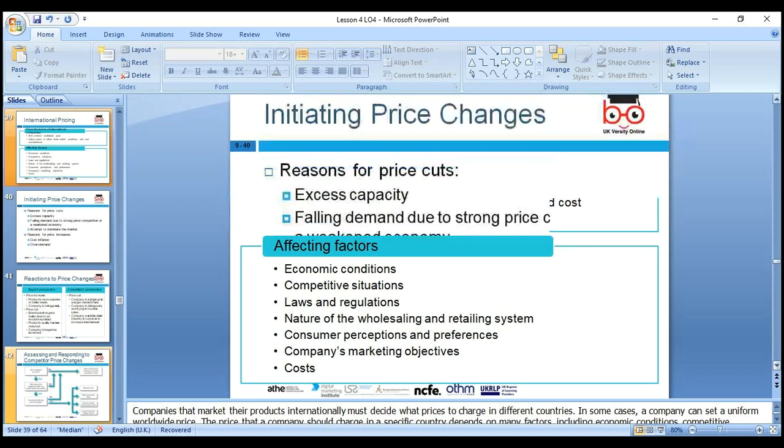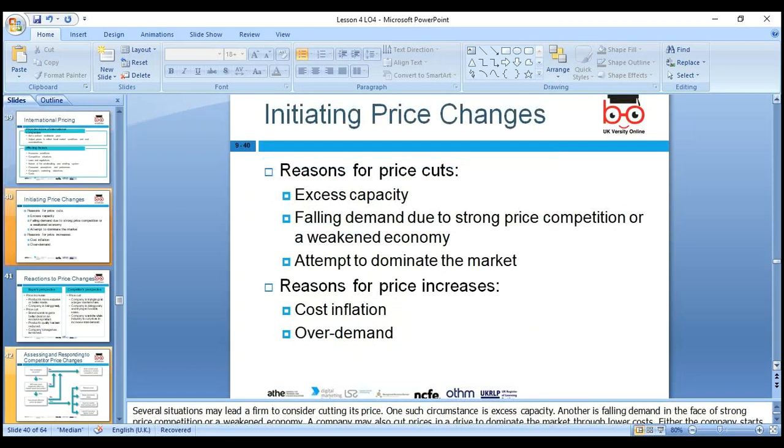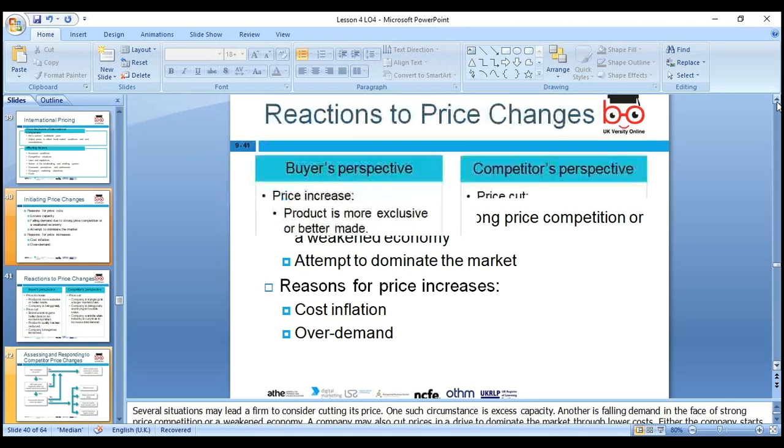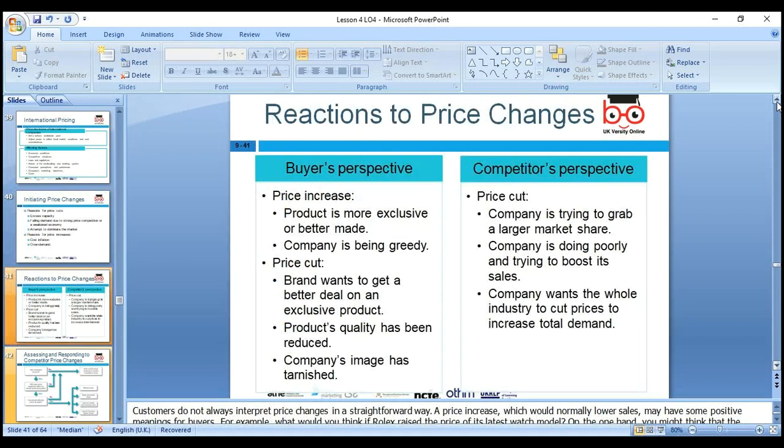So we need a good understanding of these. In a price change, we need to look at different factors and adjust to the reaction to the price change, from the buyer perspective and the competitor perspective. If a competitor cuts the price and your price increases, what will happen?